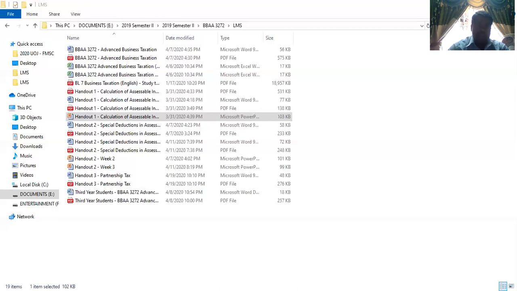Then I already provided what will not be included under the business income: the exempt amounts and the final withholding payment. For an example, an individual has the responsibility to pay 5% withholding tax on their interest income.